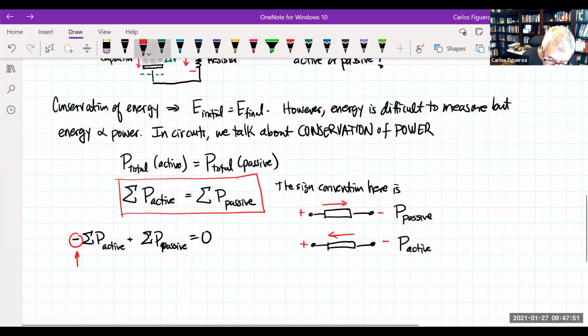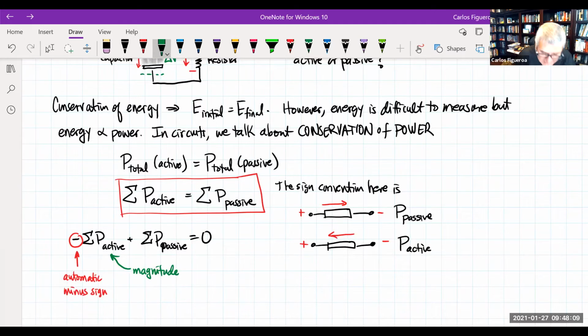So when I'm looking at this guy right here, this is an automatic minus sign. And when I look at this guy right there, this is really the magnitude of the power without the minus sign. So when I'm writing this, I've already accounted for the minus sign by putting it on both sides here.